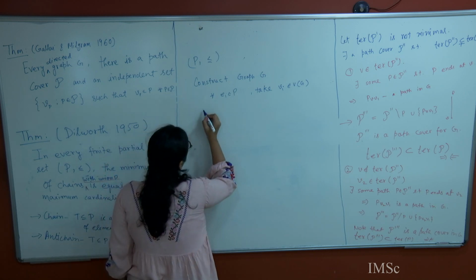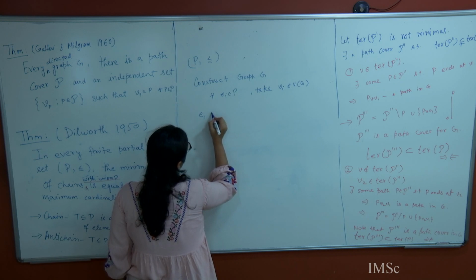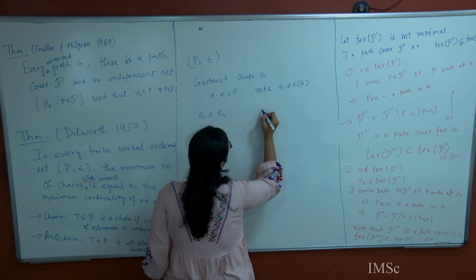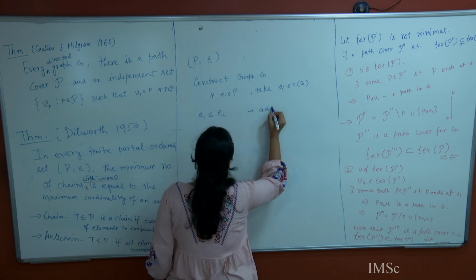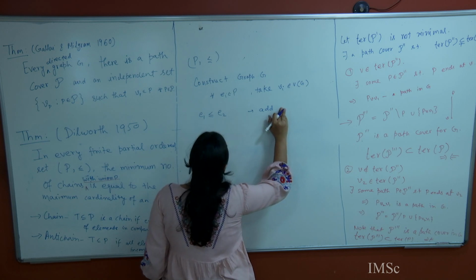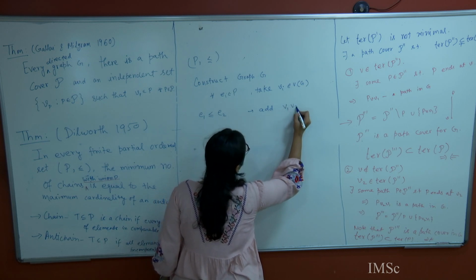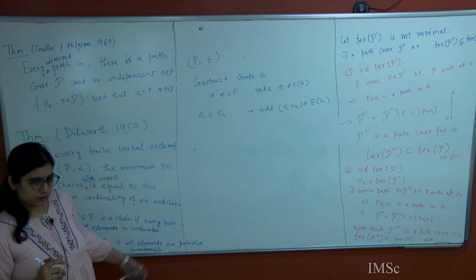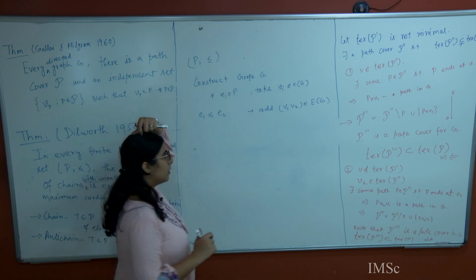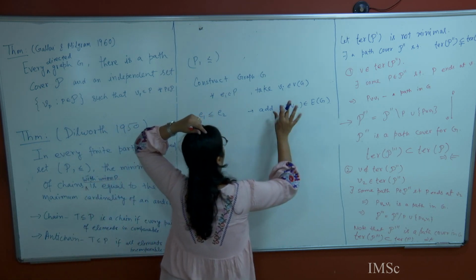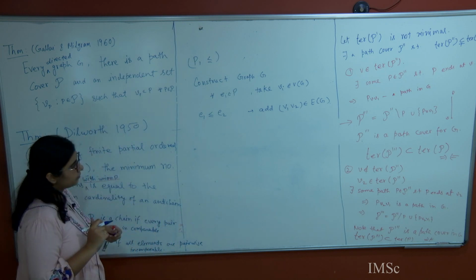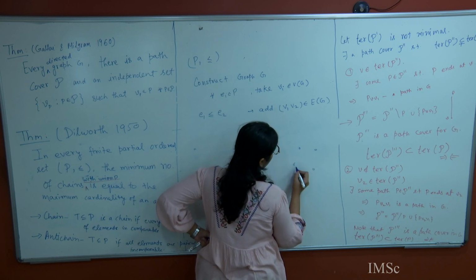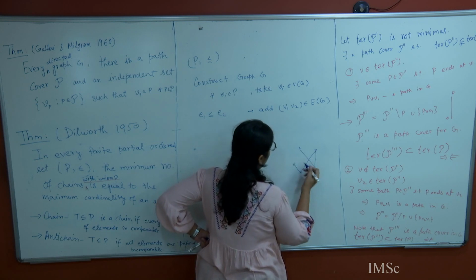Not only comparable, but say if e1 is related to e2, then we will add v1, v2 as an edge. So, we are making a directed graph. Now this is my graph G. It is something like this.